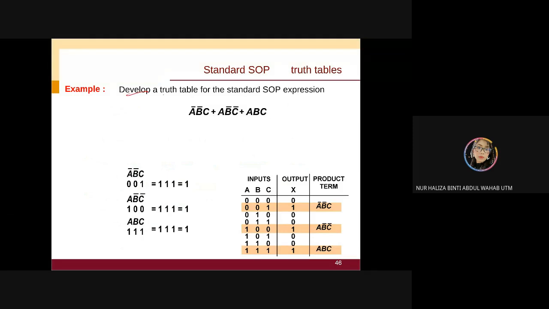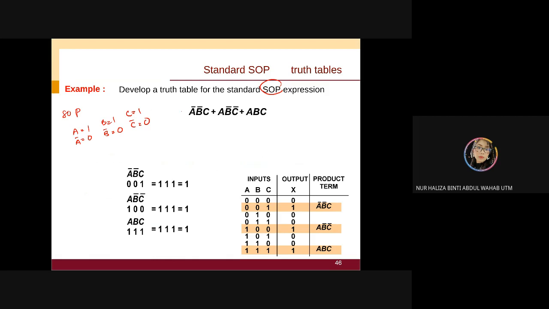Develop truth table from your standard SOP expression. Just now we already tried several things. SOP, you need to draw first so that you remember. SOP: A equal to 1, A bar equal to 0. B equal to 1, B bar equal to 0. C equal to 1, C bar equal to 0.